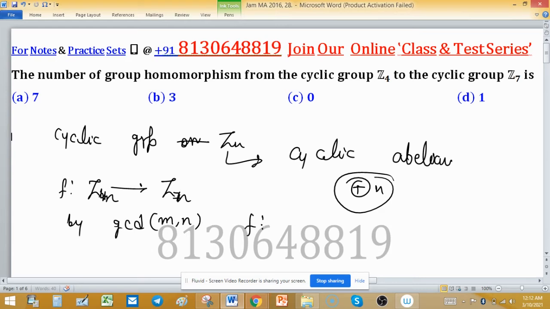As this question particularly asks about Z4 to Z7, the number of group homomorphisms is GCD of 4 and 7, and this is 1. So option D is the right choice.